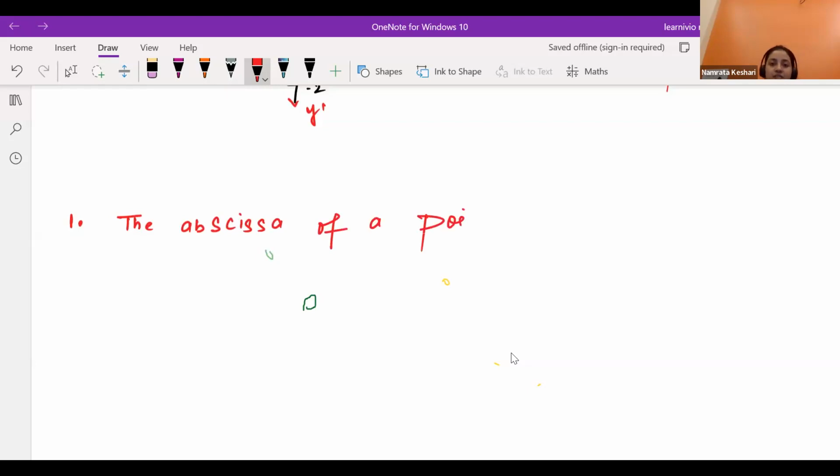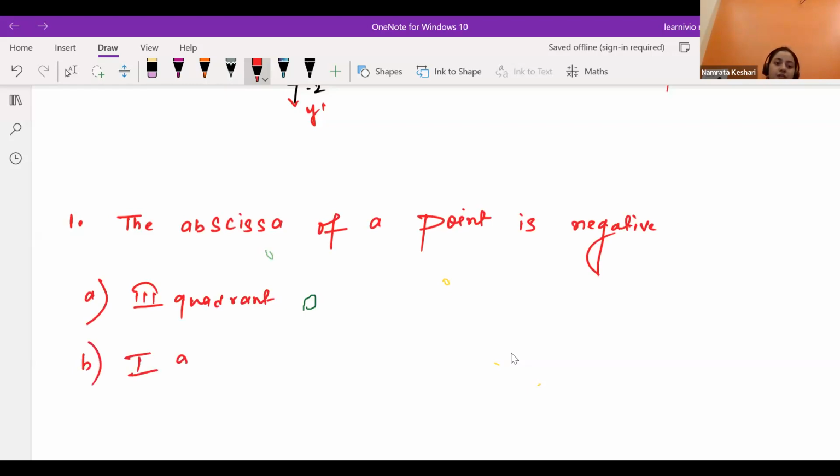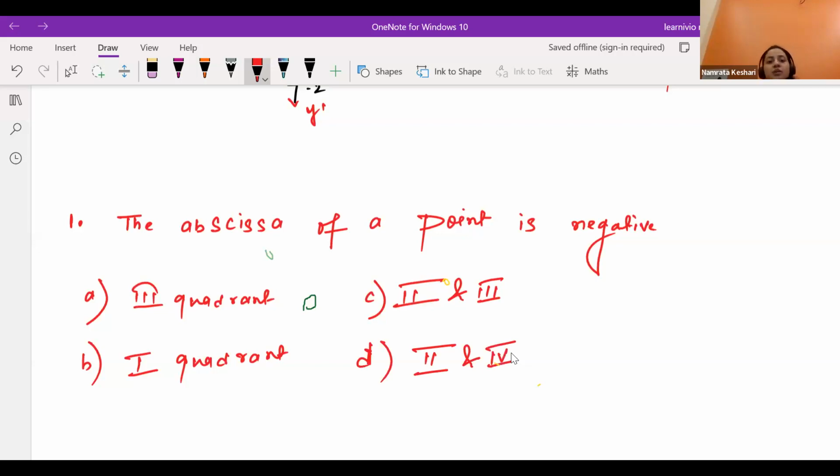Options are: third quadrant, first quadrant. Option C is second and third. Option D is second and fourth. In which quadrant is the abscissa negative?